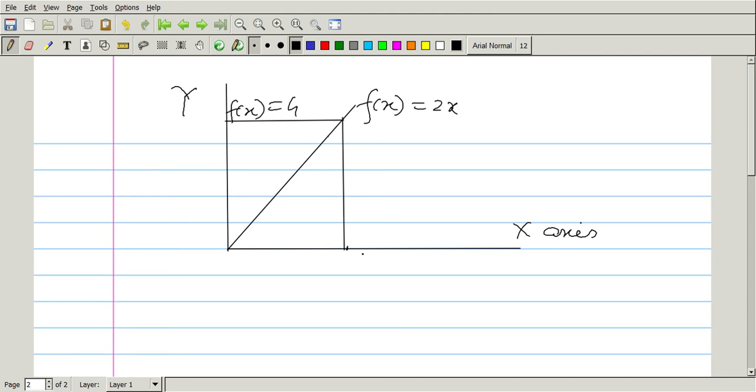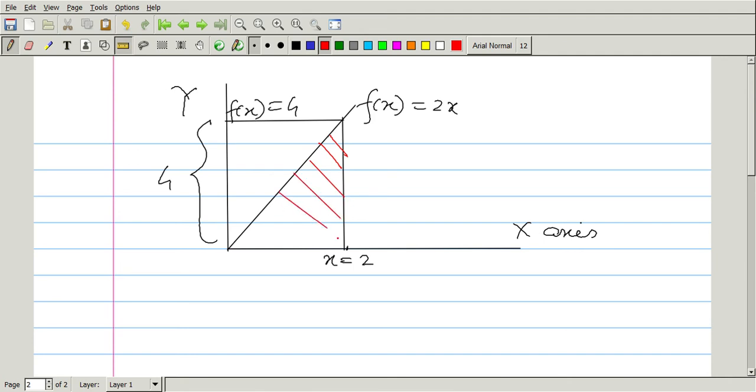If I have to find the area below this curve, at x is equal to 2, this will be 4. So the area below this curve will be the region under the red line I drew. Of course that will be a right angle triangle.